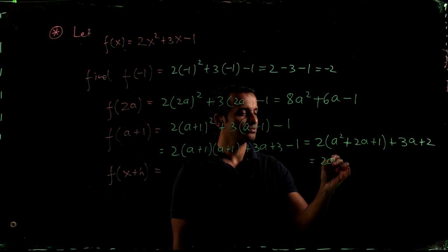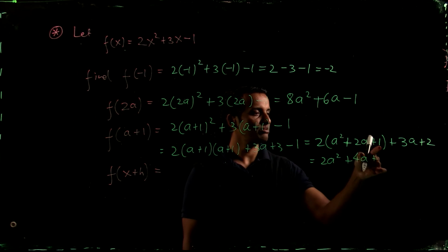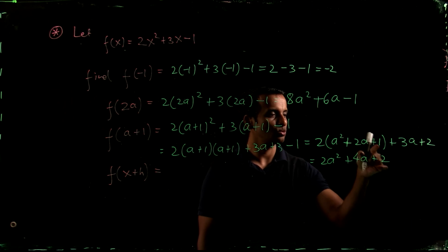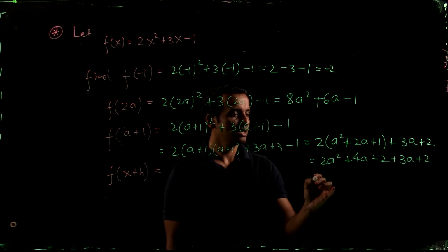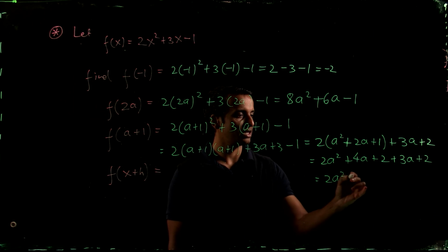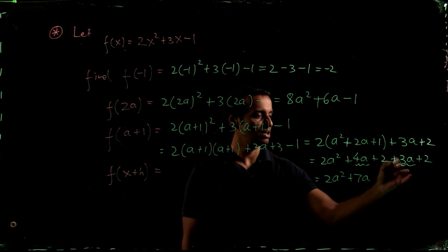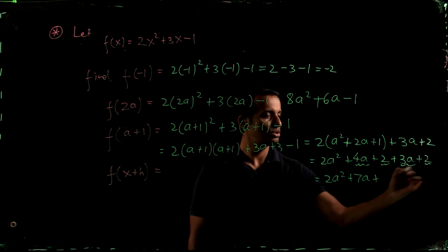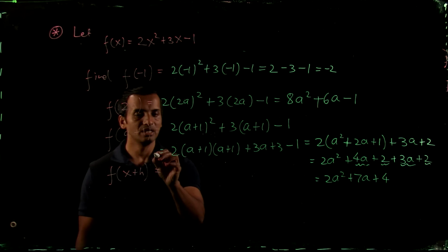You will get 2a squared plus 2 times 2a is 4a, plus 2 times 1 is 2, plus 3a plus 2. So this will be 2a squared, and there is 4a and 3a, which is 7a, plus 2 and 2, that is 4. That's the final answer for the second part.